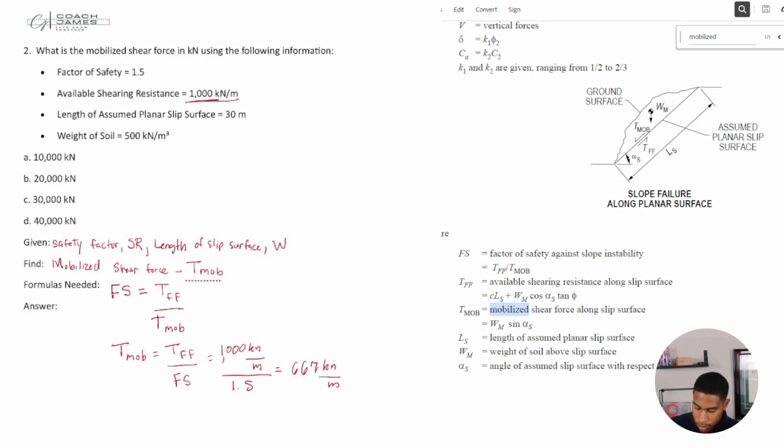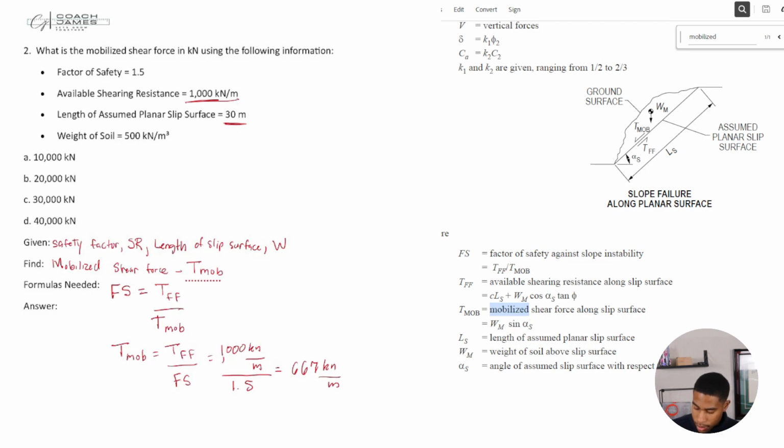So if I want to make sure this answers in kilonewtons, I want the force to be in kilonewtons. We could say it is 667 kilonewtons per meter, but it goes for a distance of 30 meters.